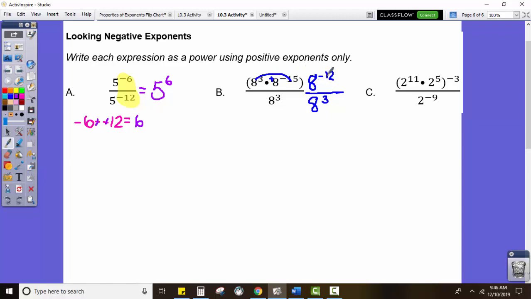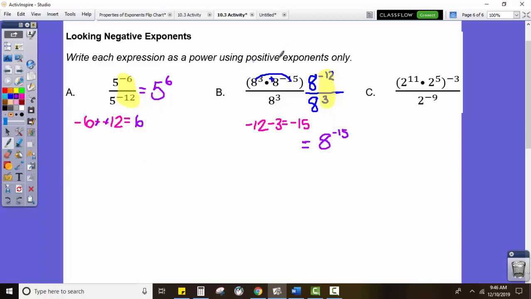8 to the negative 12th divided by 8 to the third. So when I'm dividing powers, the rule is to subtract the exponents. So I need to do negative 12 minus 3. Okay, negative 12 minus 3 is negative 15. So that's going to be my exponent for the base of 8 that stays the same. So I have 8 to the negative 15th.